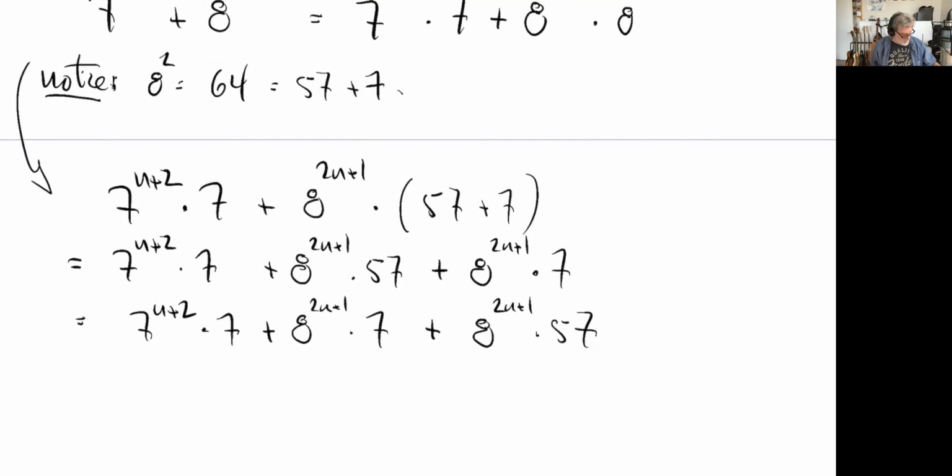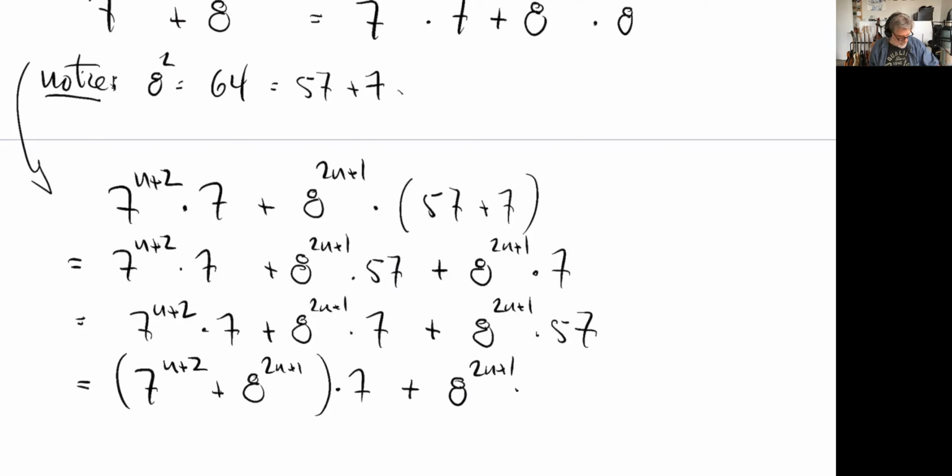And hopefully you see now that we win, right? Because this is 7 to the n plus 2 plus 8 to the 2n plus 1 times 7. We finally have this part in the form we want, and the second term is a multiple of 57, so that's great. 8 to the 2n plus 1 times 57.